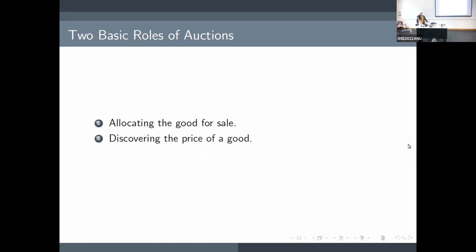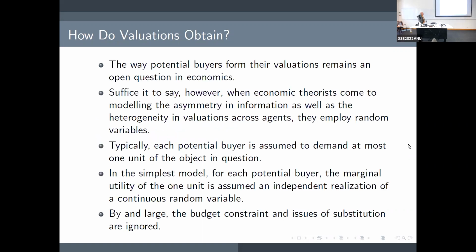The other is price discovery, as in the case of, say, treasury bills, and those are typically common value paradigms. There is a paradigm that's in between, and it's called the affiliated values paradigm.